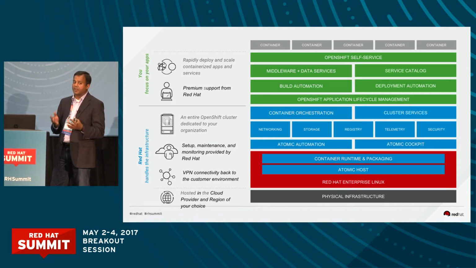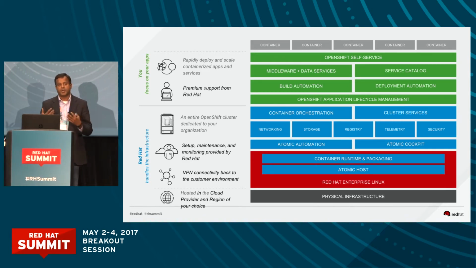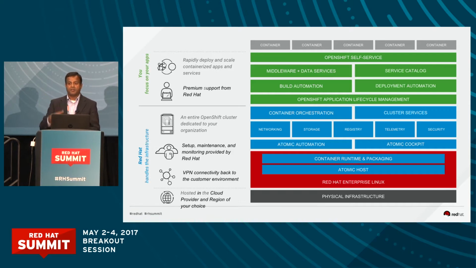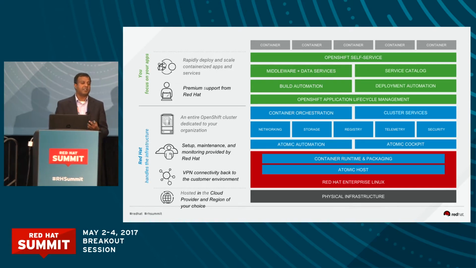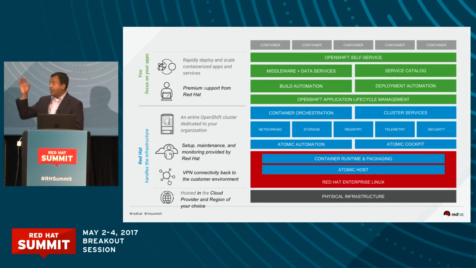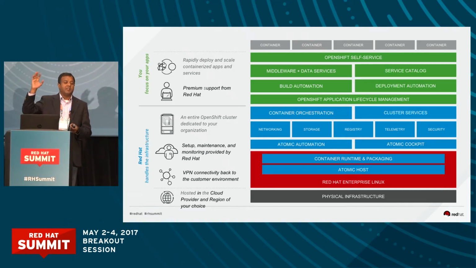That's still your responsibility. We are responsible for the upgrades to the platform. We're responsible for upgrading from 3.2 to 3.3 or 3.3 to 3.3.1, whatever upgrades come. All the security updates that happen at an operating system level are done by Red Hat. But the customer is still responsible for managing and operating their application.